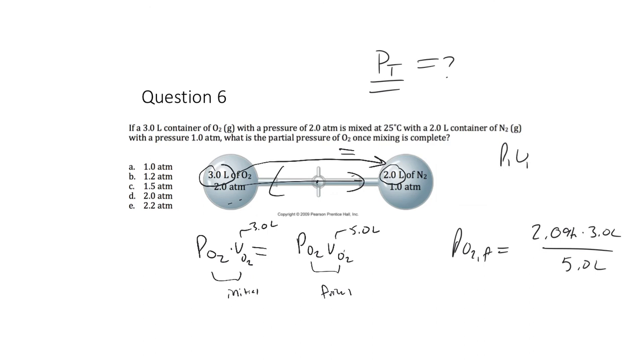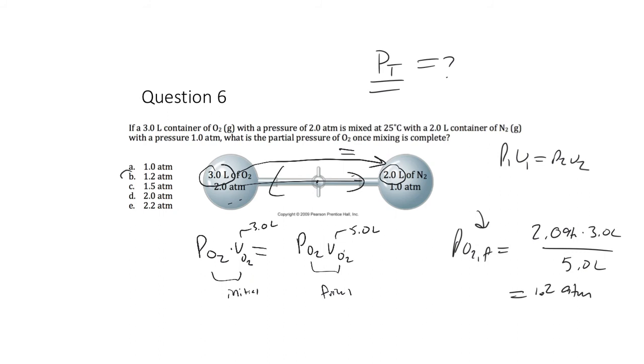So we have a P1V1 equals P2V2 problem that we're solving here. And so our partial pressure of oxygen is going to be dropping due to the expansion into a larger volume. So 2 times 3 divided by 5 is 1.2 atm.